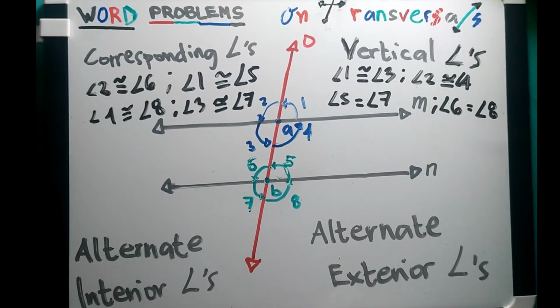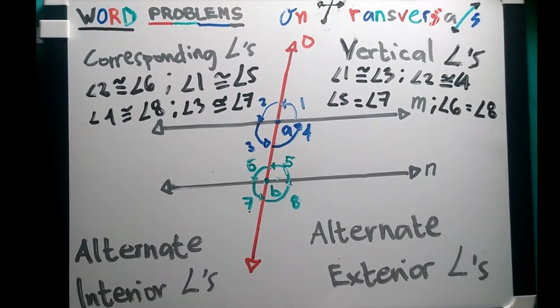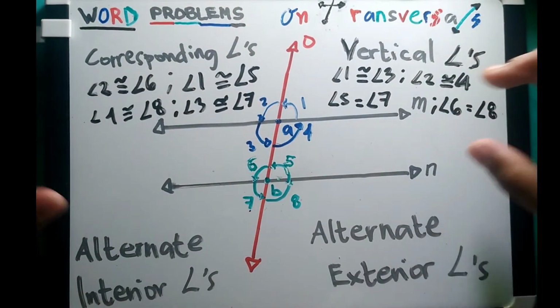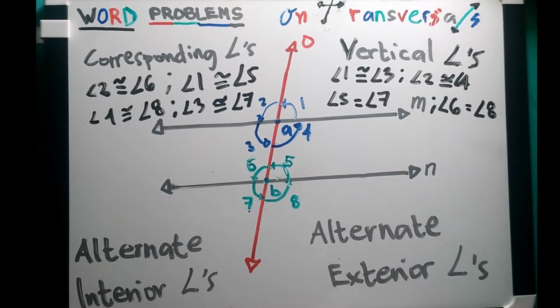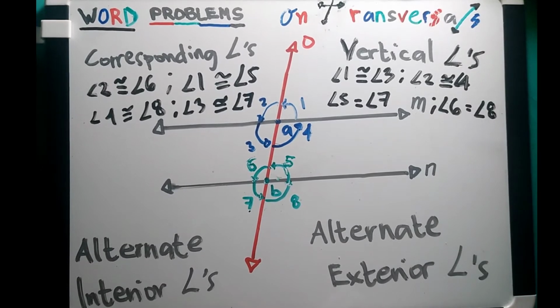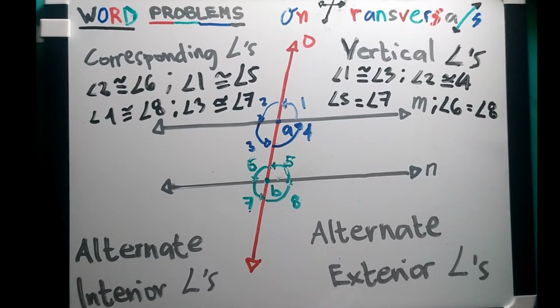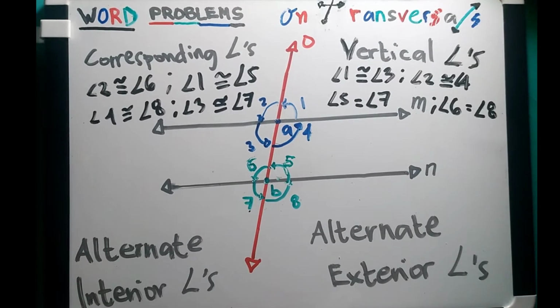Let us now move on to alternate interior angles. From the word interior itself, these are the angles found between the 2 parallel lines, or found inside the pair of lines. Unlike corresponding and vertical angles, we only have 4 angles or 2 pairs of angles, excluding the 4 pairs of angles which are found outside, which we will be mentioning after this kind of angles.